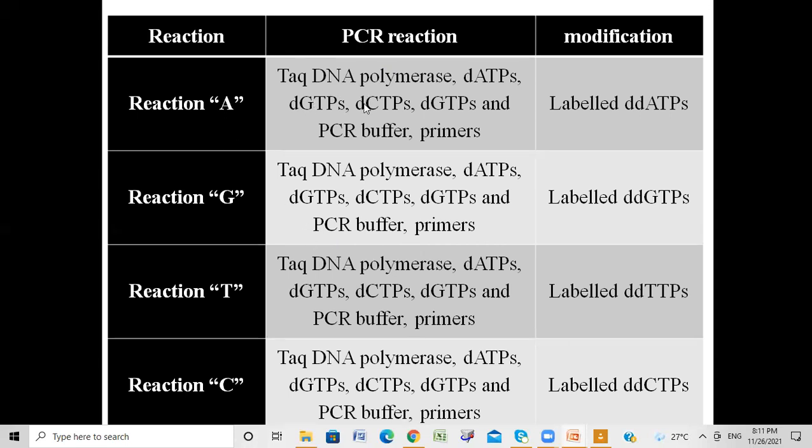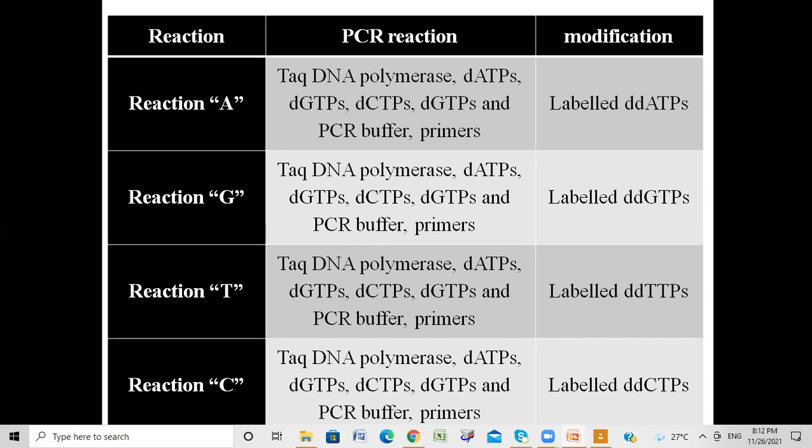But here the only difference is that in the first tube we are adding ddATP, and in the second tube, with all the other PCR conditions the same, you are adding ddGTP, ddTTP and ddCTP, guanine dd, thymine dd and cytosine dd. This is not in a high quantity, but a small quantity of these ddNTPs added to 4 different tubes. Understood? Clear?